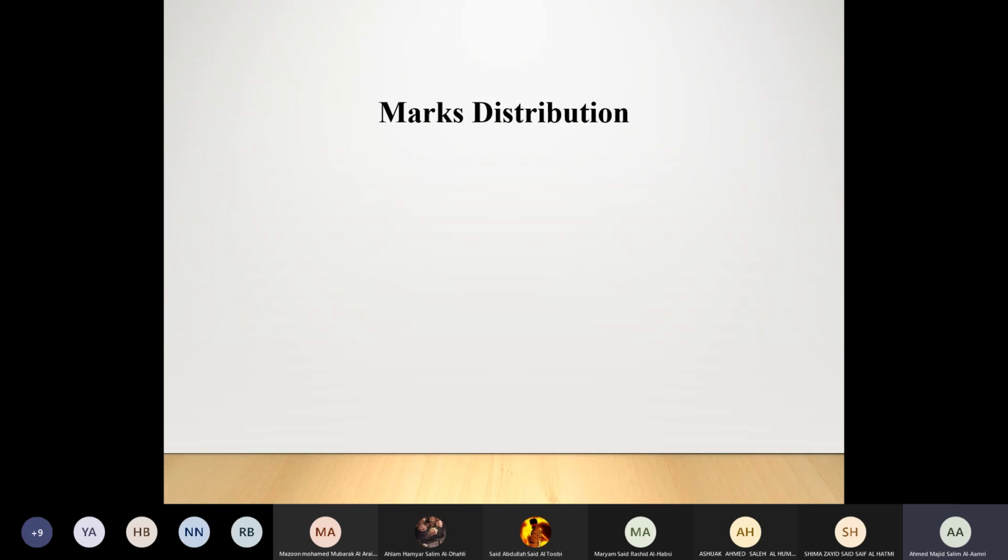Previously, the assignment was for 10 marks. It is proposed that this semester the assignment is going to be for 15 marks. I'll try my best to supply you the assignment within the first 2 weeks. The assignment is going to be about a full design of either a single-story or 2-story building.